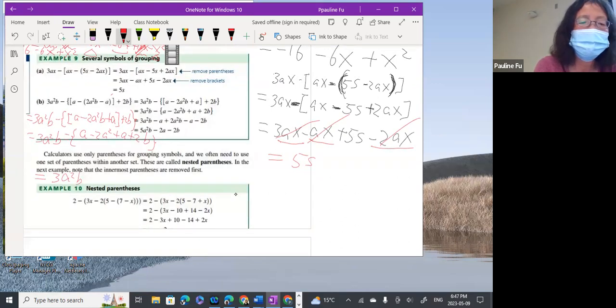This time take away curly bracket. In front of the curly bracket, you have negative. That means you need to change the sign. Every item inside the curly bracket, you change the sign. So negative a, positive 2a squared, negative a, negative 2b.